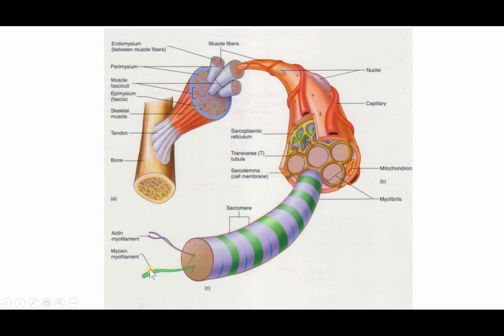Okay, these are our myofilaments. Actin and myosin, our myofilaments. Okay, and what they do is they're the contractile units. Okay, now let's go back to this slide.